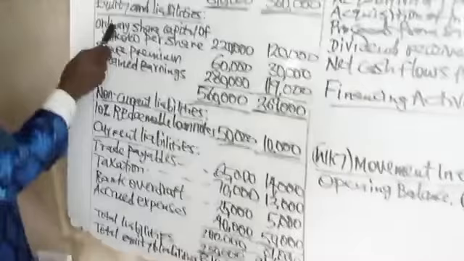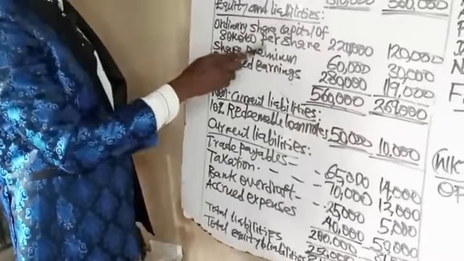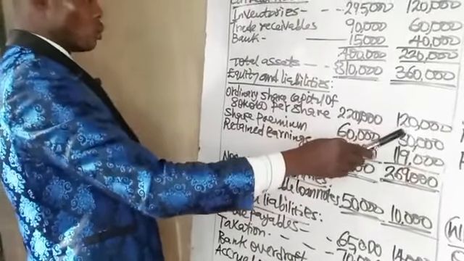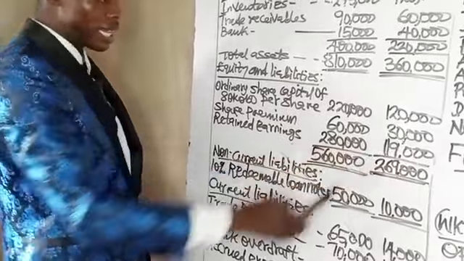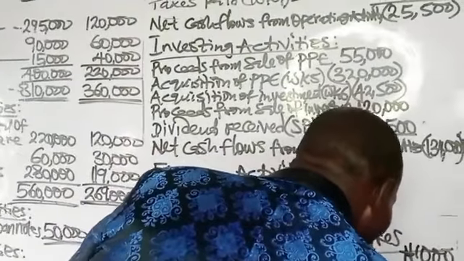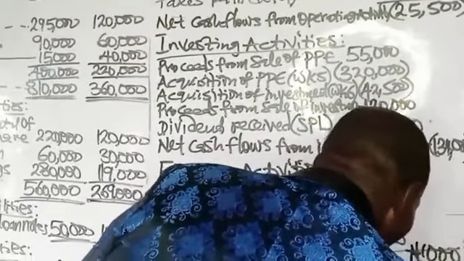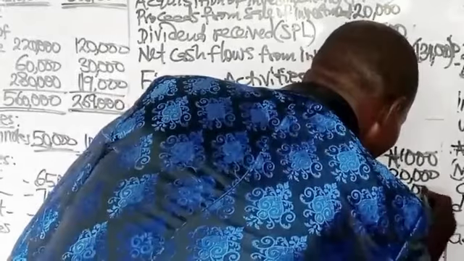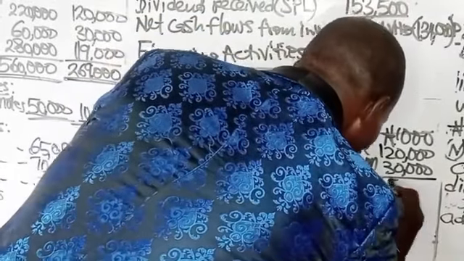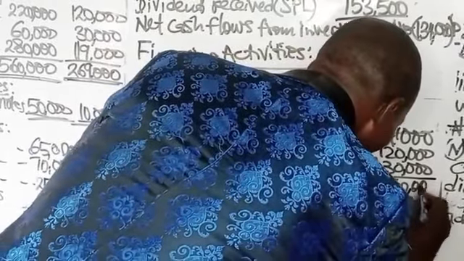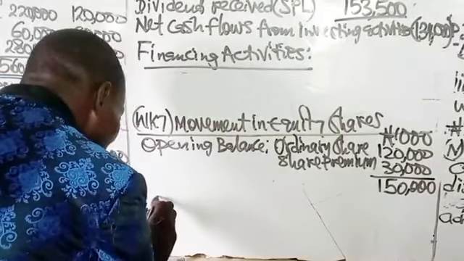You have ordinary share capital of 80 kobo per share. 120,000 is the opening balance, while the share premium is 30,000. So we have 120,000, share premium 30,000. We did not have any information about bonus issue. So addition of this is 150,000.